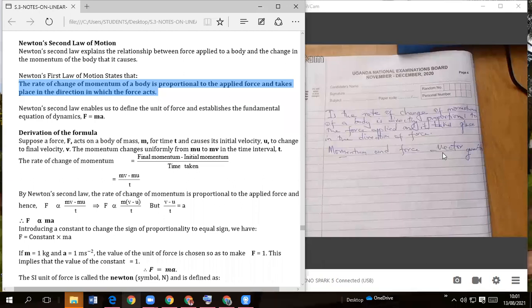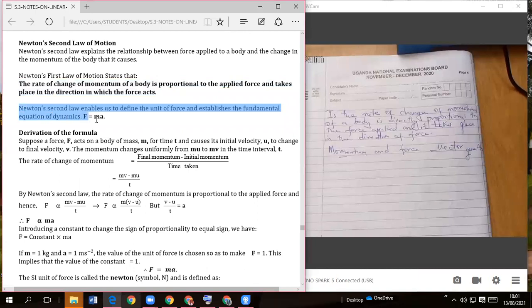In that scenario, are you moving in the direction of the force you are applying? The change in momentum must be in the direction of force.